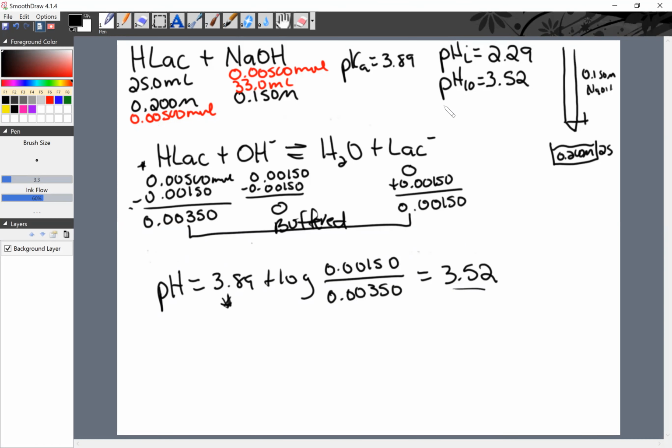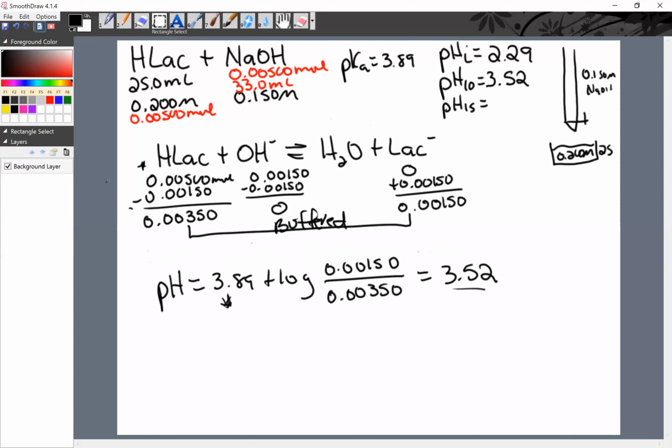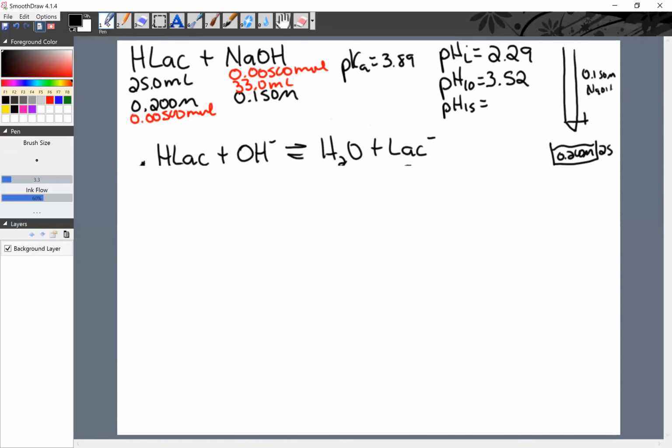Well, how about, let me see. Let's do, what's half of, you know what, let's just do 15. What is the pH when I've added 15 milliliters? Okay, now I'm hoping this is going to get boring very quickly. Oh, I started with 0.00500 and 0. How many moles are in 15 milliliters?